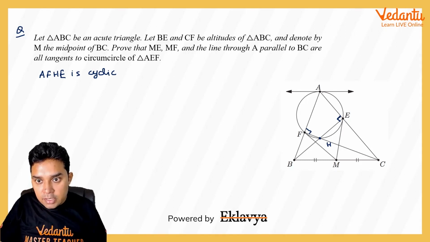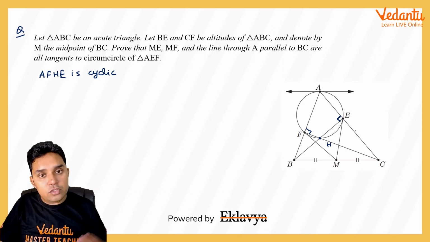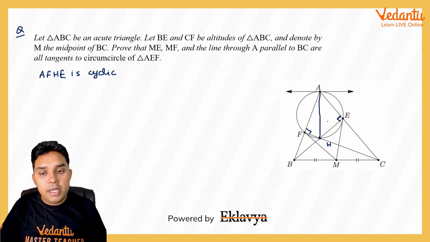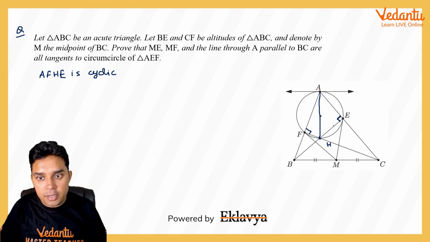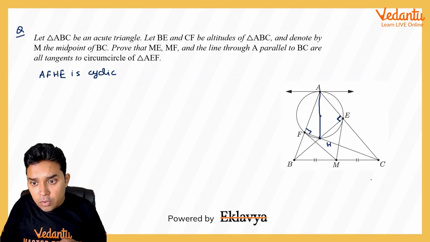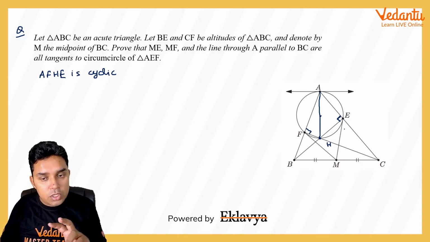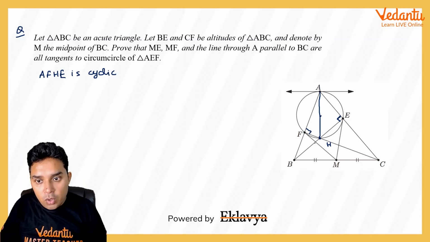So this circle passing through AFE has to pass through H. In fact, if I join this A to H, this AH has to be the diameter of this circle. So its center will be lying somewhere here. In fact, because CF and BE are the altitudes, their point of intersection has to be the orthocenter of this triangle.